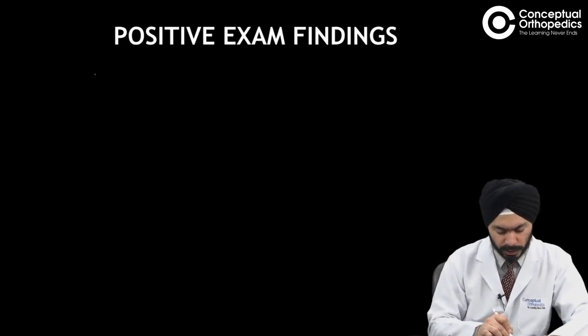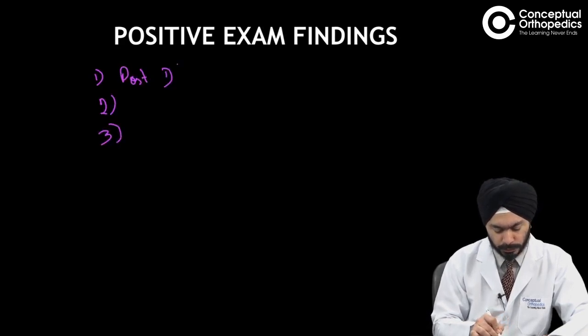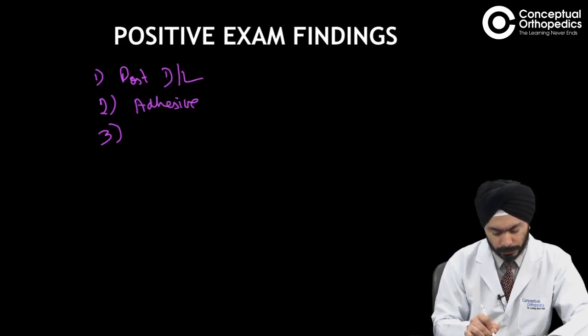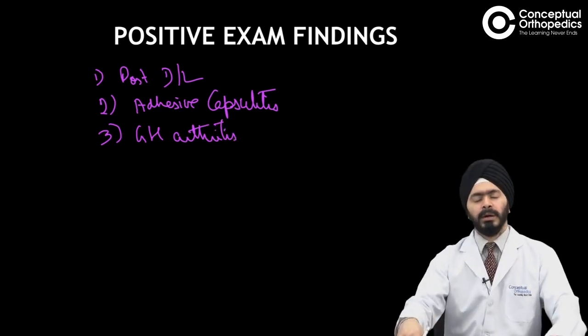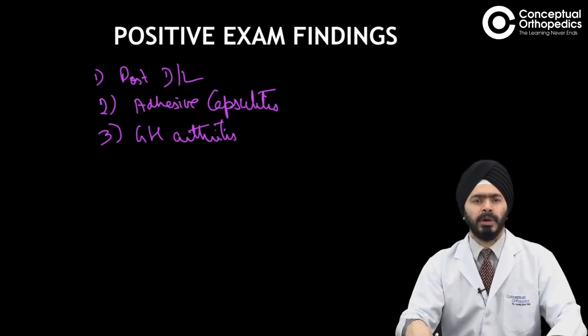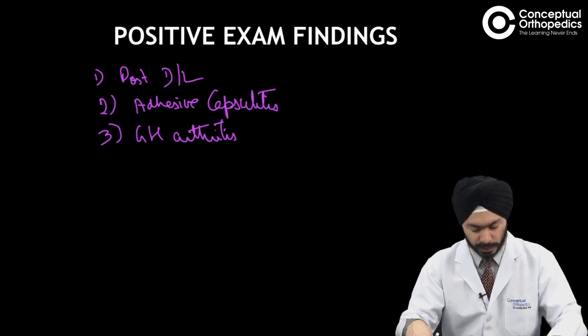So you keep a differential diagnosis of posterior dislocation, adhesive capsulitis and glenohumeral arthritis. So first two would be the DDs. You can only make or confirm your diagnosis after getting your imaging findings, X-ray or CT findings.